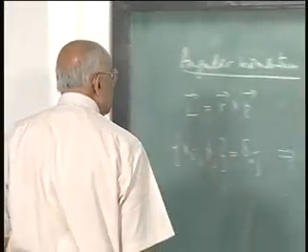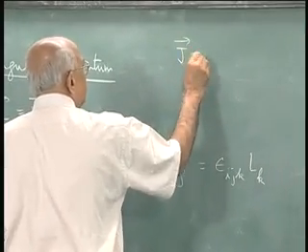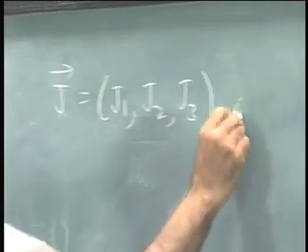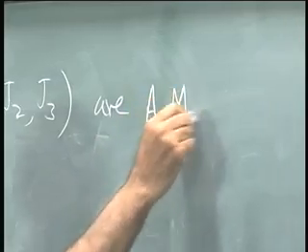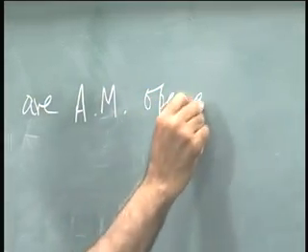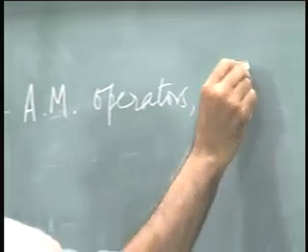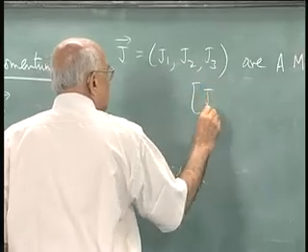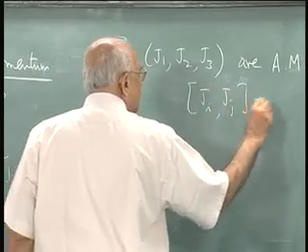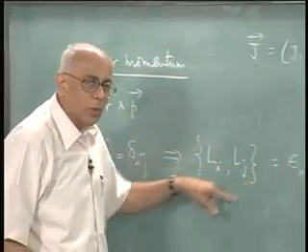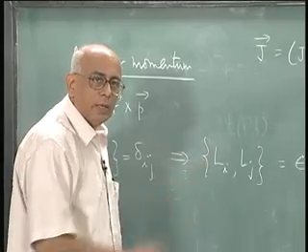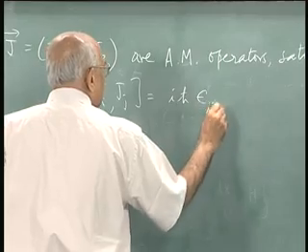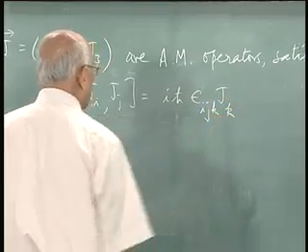It is defined by the relations: J1, J2, J3 are angular momentum operators satisfying the commutation relation [Ji, Jj] equal to, well, the Poisson bracket is replaced by the commutator divided by i h cross, so let us move it across to the right hand side, i h cross epsilon ijk Jk.